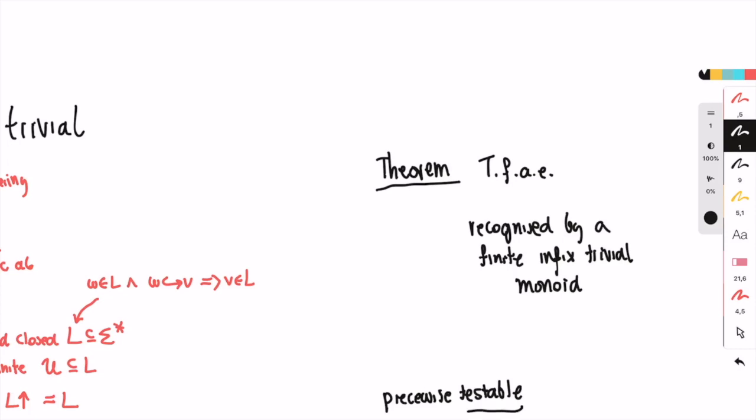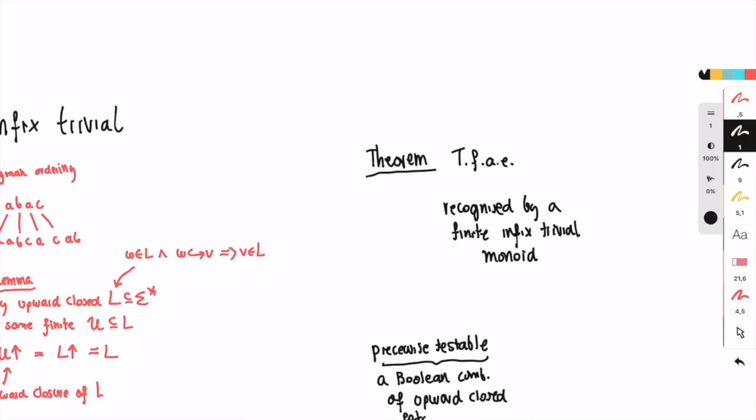And that just means a finite Boolean combination of upward closed sets. As it's stated now, this result was originally proved by Imre Simon, but I will add another condition which is due to other authors, and we'll get there later.